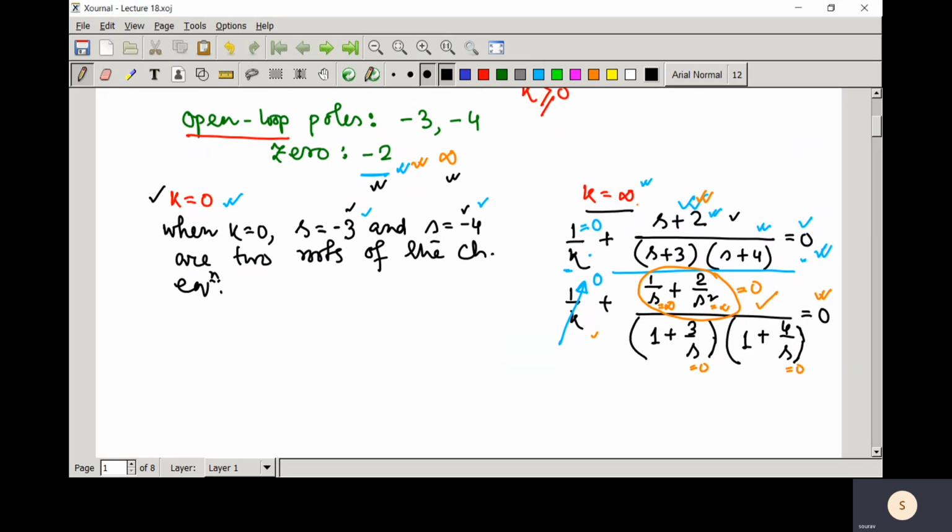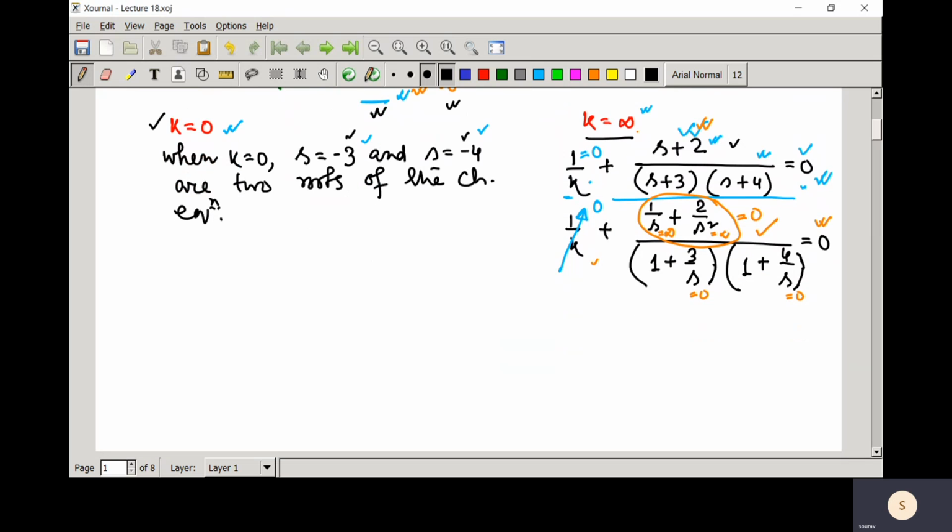From this expression we have shown that when K tends to infinity, s equal to minus 2 is a root of the characteristic equation, that is, the closed loop poles.